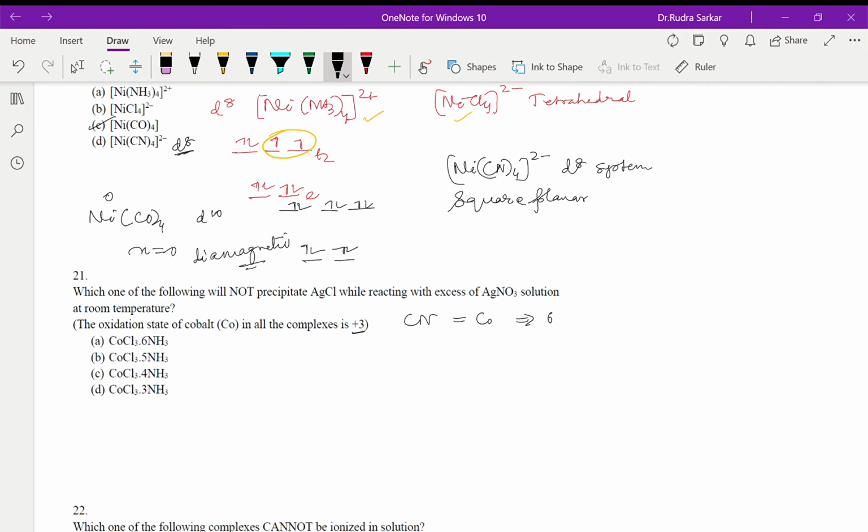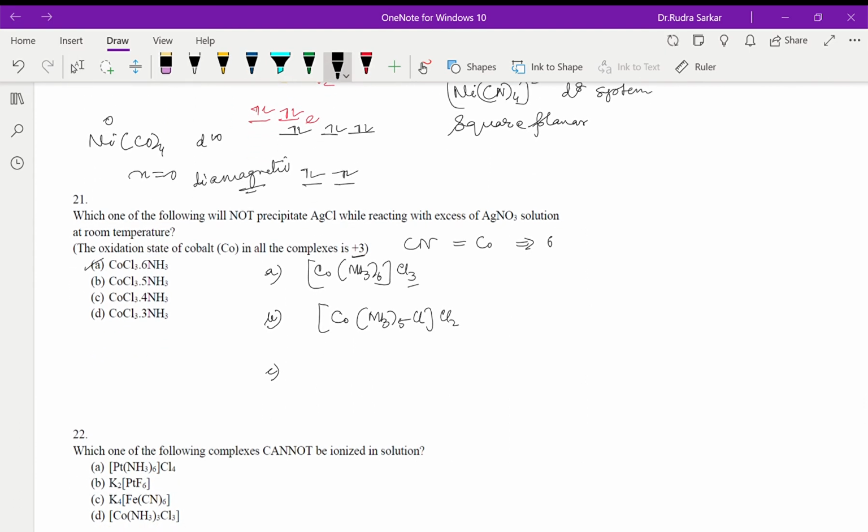For A, we will say it is Co(NH3)6 Cl3. For B, we will say it is Co(NH3)5 Cl2. So we can see the ionization sphere in the above complexes is having Cl. In A it is 3 Cls and in B it is 2 Cls. So this will give a precipitate of AgCl with AgNO3.